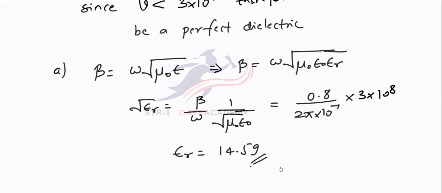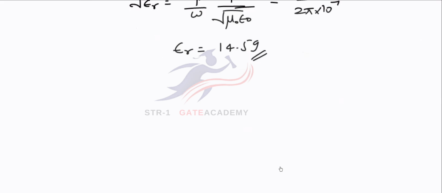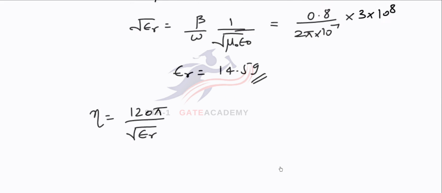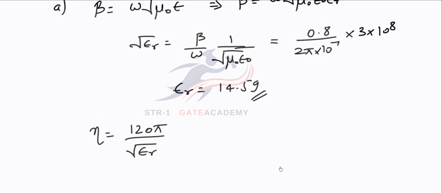Also, we have to find the intrinsic impedance. For perfect dielectric, we know that intrinsic impedance is 120 pi divided by under root epsilon r. Here, if you solve for under root epsilon r, it is 12 by pi.